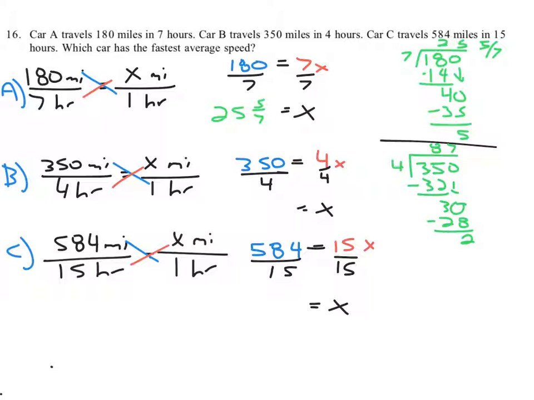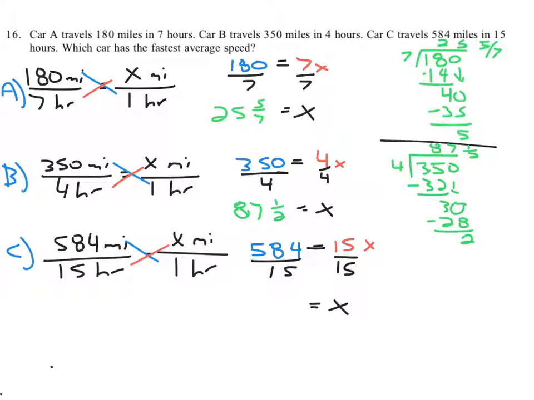We get 2 left over, or 2/4, which is 1/2. So this one is going at, wow, much faster. 87 and 1/2 miles per hour.